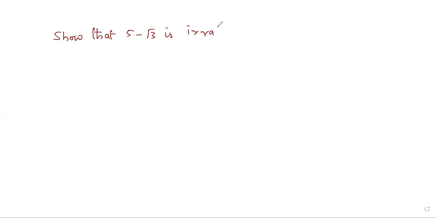This is our example number 10. So here we will start with the contradictory. Let 5 minus root 3, the starting will be the same.